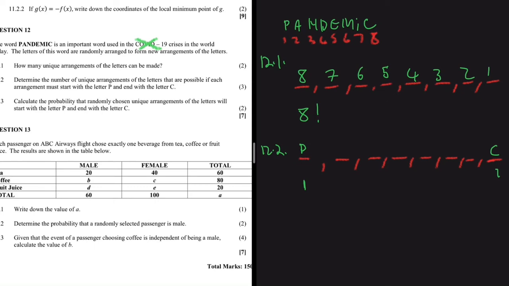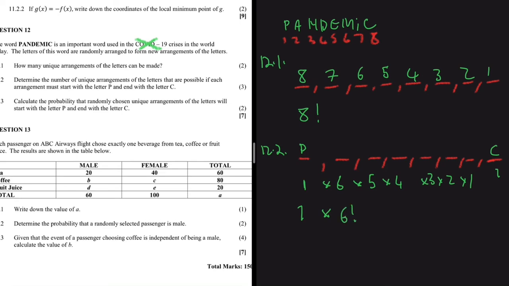Then in the next position, we have 5 possible letters because we have exhausted 3. And then 4, 3, 2, 1. So we have 1 multiplied by 6, 5, 4, 3, 2, 1. That's basically 6 factorial.